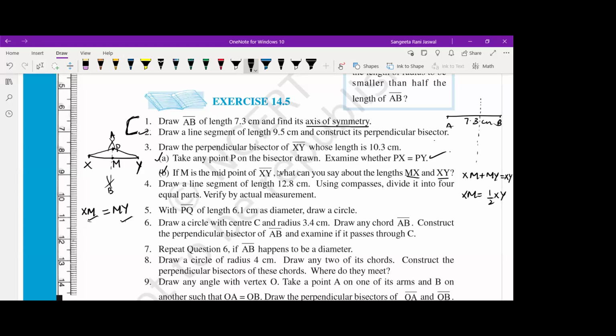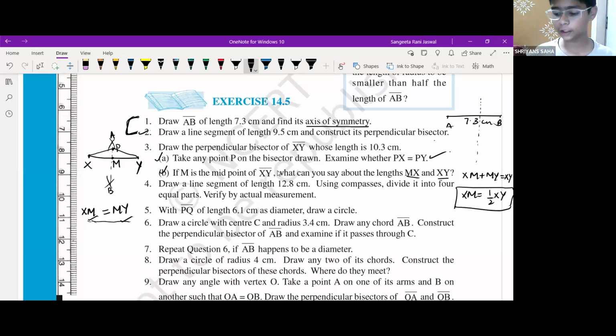The next step is take a point M, the point of intersection of the perpendicular bisector and XY is M. Measure XM and MY. XM is equal to MY. Hence, you can see that XM is equal to half of XY. This is your observation. This is what was asked.